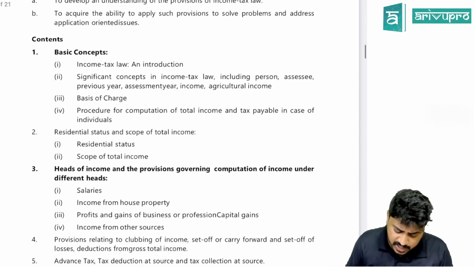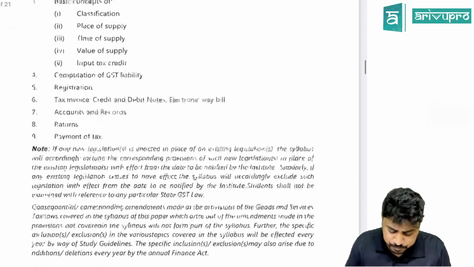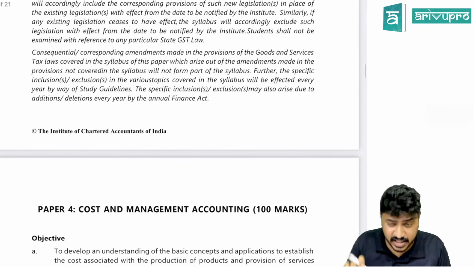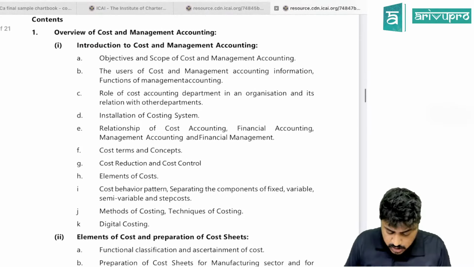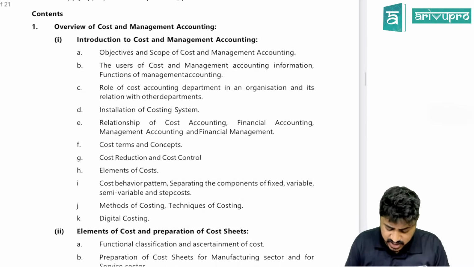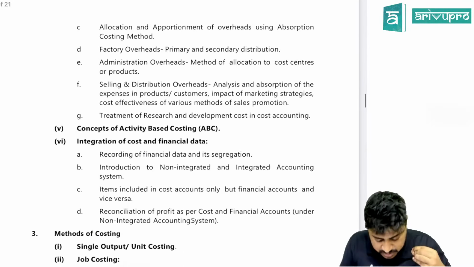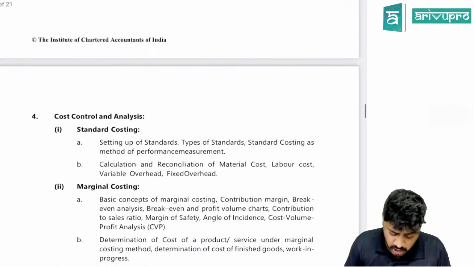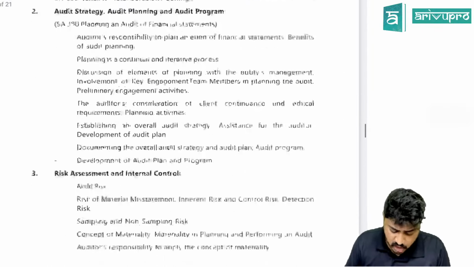Tax and indirect tax remain almost the same, right? Further details will be followed by the respective teachers in detail. Cost management, right? Slight changes are made, but almost the same structure. ABC costing, everything, whatever you have studied, you have got. Audit and ethics, almost the same.